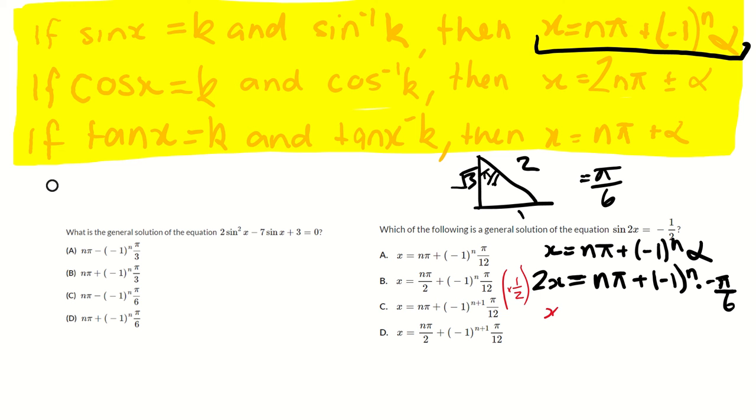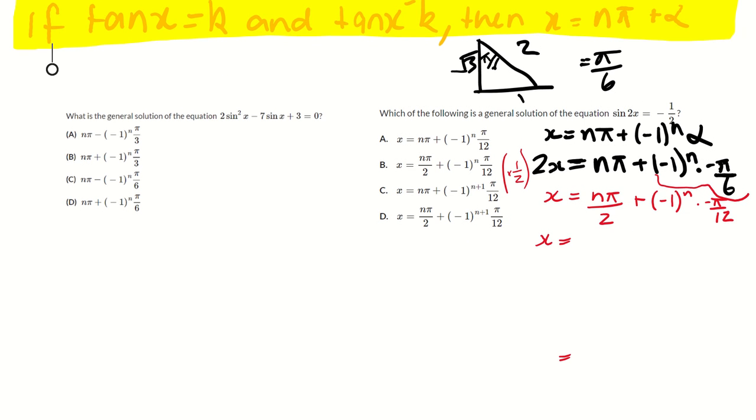When I do that, I'm going to have x equals n pi on 2 plus, now this is all one term because it's all timesing together, minus 1 to the power of n timesing by negative pi on 12. So now I'm much closer, but once again, they don't have the negative there. But think about this.